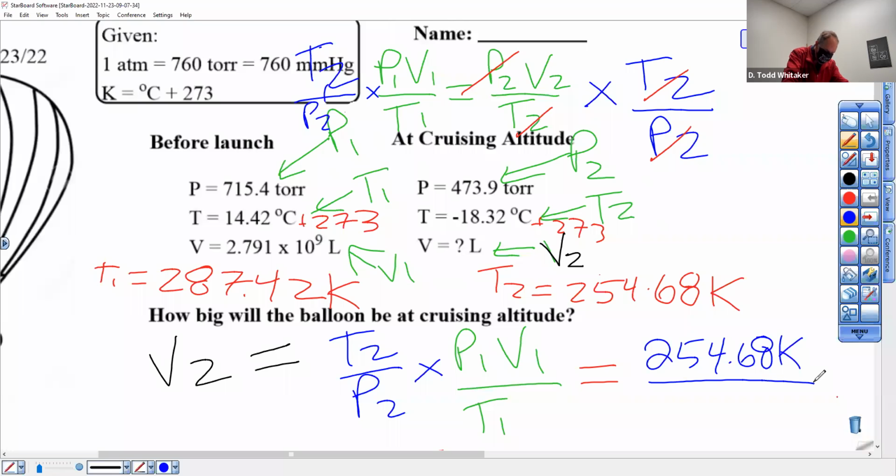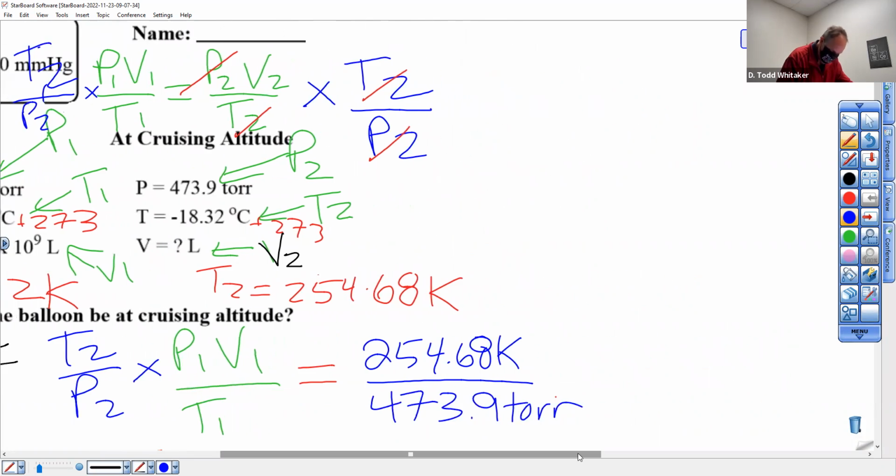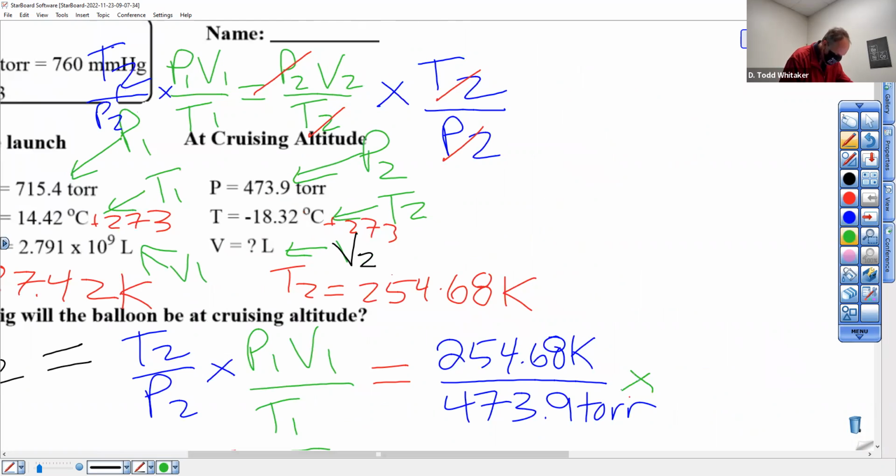P2 is 473.94 torr. Units, very important, right? Times P1, oh, I need all my numbers. P1 was 715.4 torr.